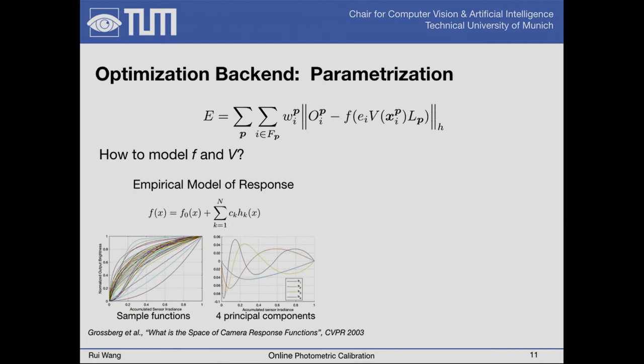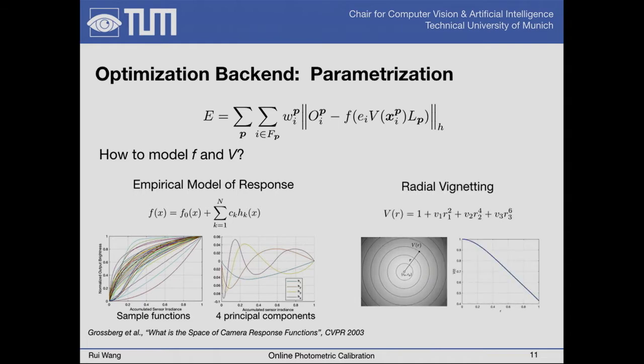Afterwards, you can use a linear combination of the response components to represent basically any camera response function. And for vignetting, we use the radial vignetting model, which is a polynomial, and we further assume the center of the vignetting overlaps with the center of the images, which in practice is not always the case, but in our case, it works fairly well.